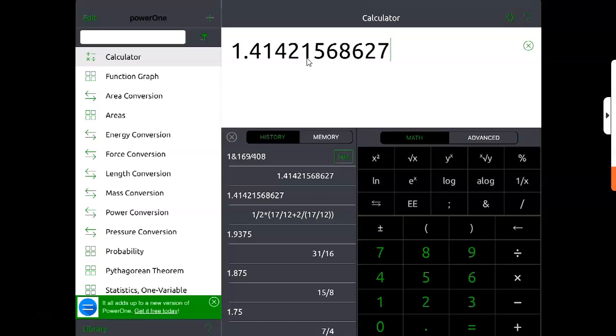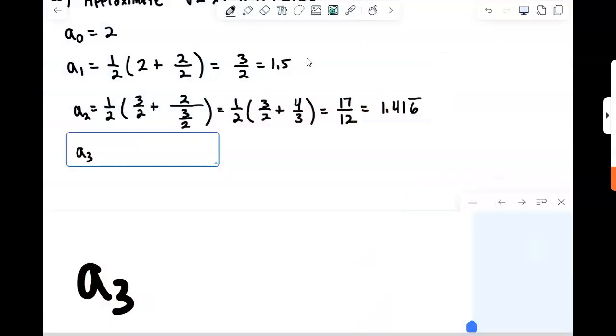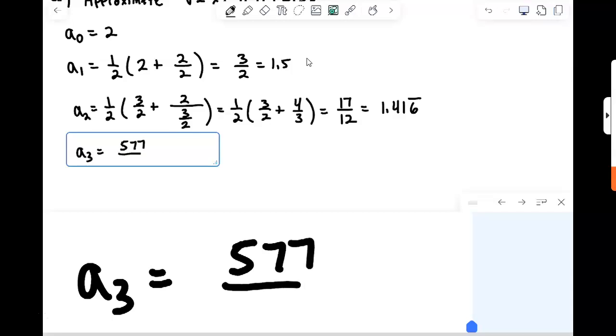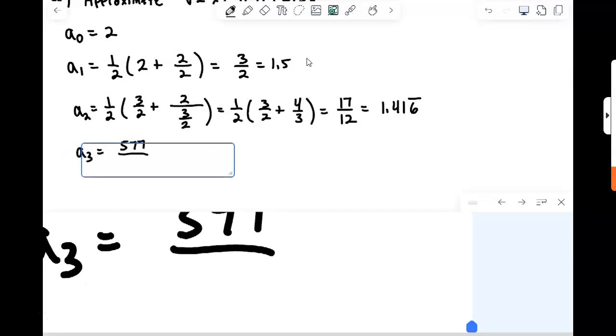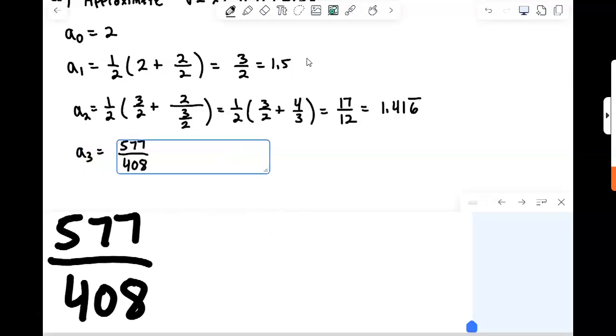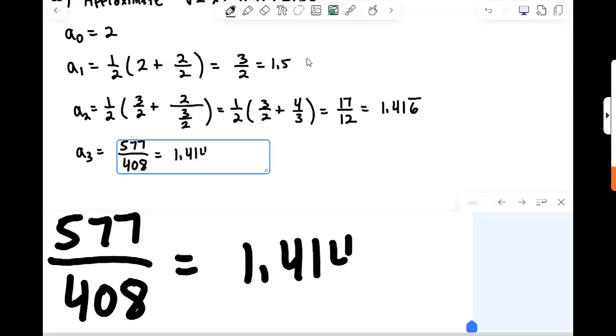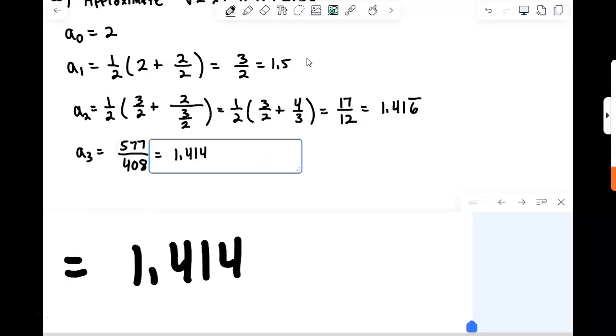We're going to stop with that one. Again, as an improper fraction, 577 over 408, which as a decimal is 1.4142115, and so on.